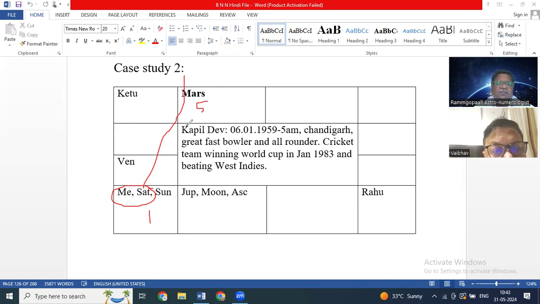He is a fast bowler because the Moon is aspecting. The Moon is a very fast moving planet, and the Moon is aspecting Mercury, a fast rotating planet. And Saturn is aspecting Mars, here the bat or wickets. That's why he is a good bowler and all-rounder also. Moreover, his team won the World Cup in 1983.